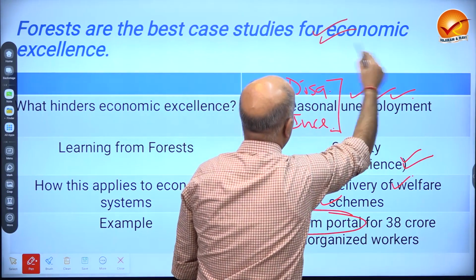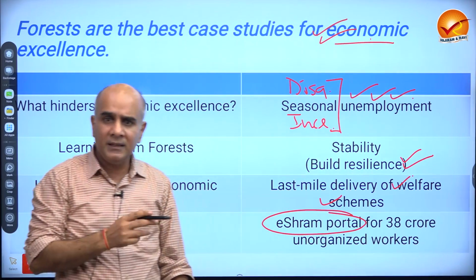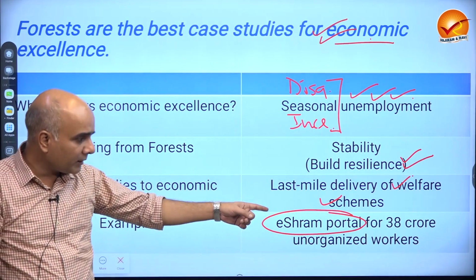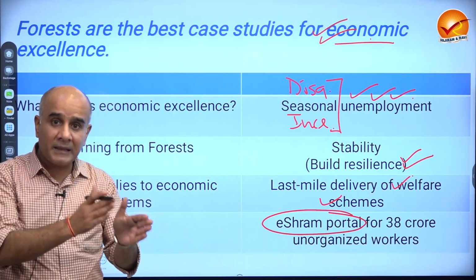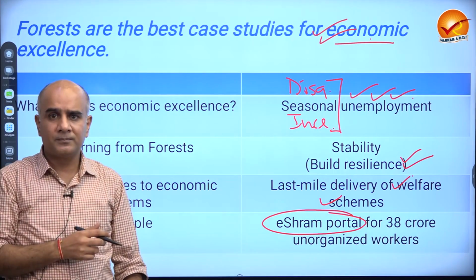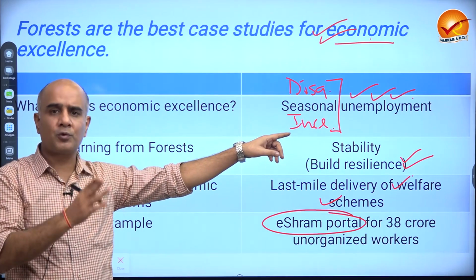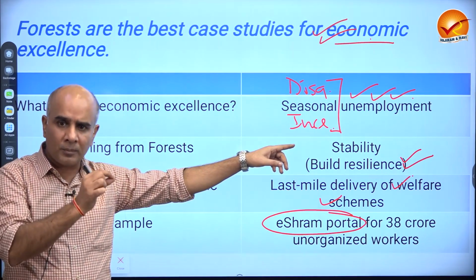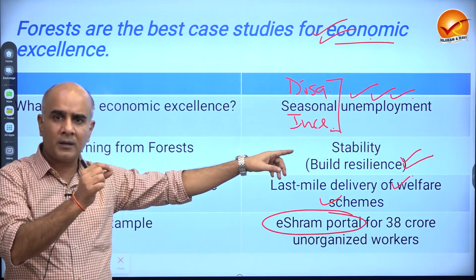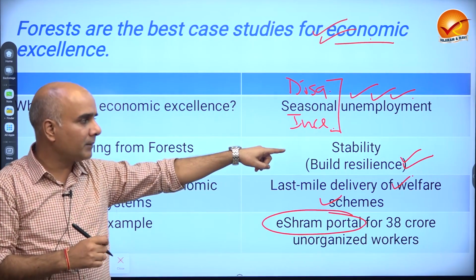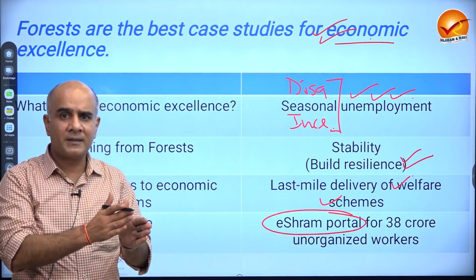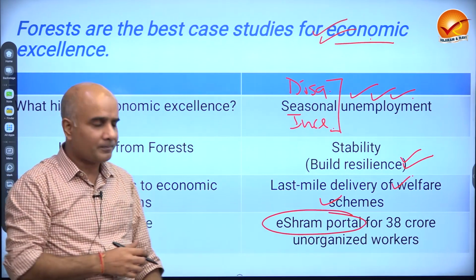Again, that is paving the way for economic excellence in the future. You want to say unorganized workers, very good. You want to say gig workers over here, you can use them also. Fundamentally, what are we doing? That any person who suffers any lack of social justice, any lack of economic opportunities, any lack of economic justice, they should be appropriately addressed. Develop their resilience, build their resistance.